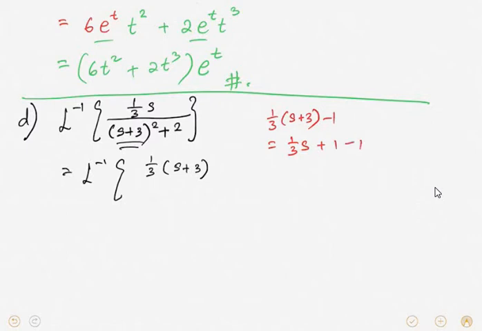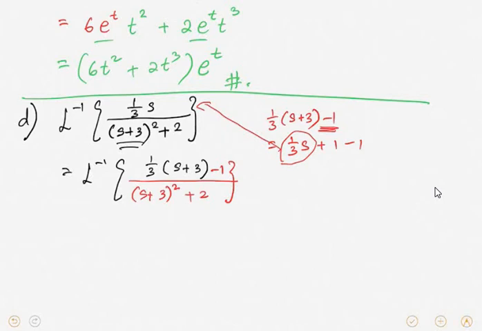So that's why we minus 1 here. Okay? Because we still get the same value as this one. So divide by s plus 3 squared plus 2.